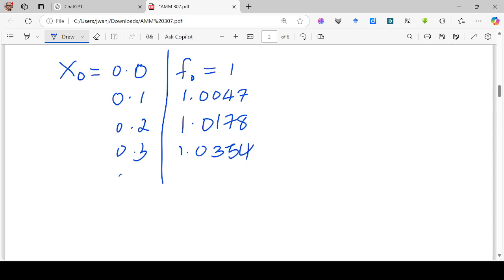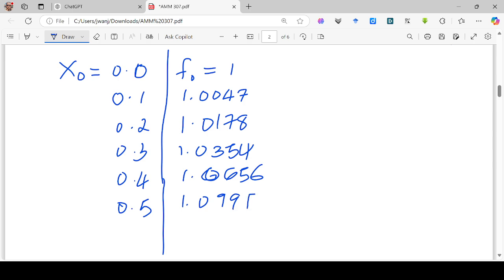for 0.3 the value is 1.0354, for 0.4 the value was 1.0656, for 0.5 the value is 1.0991. When x is 0.6, we have 1.1385.